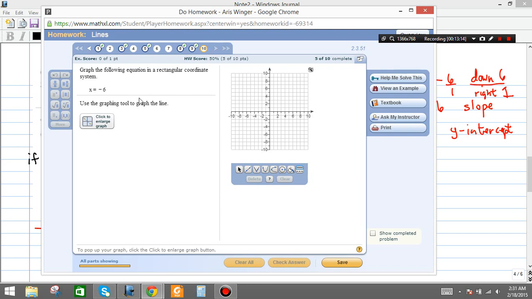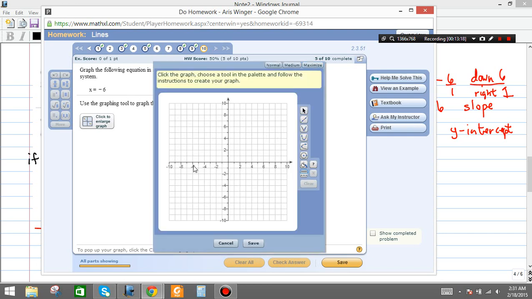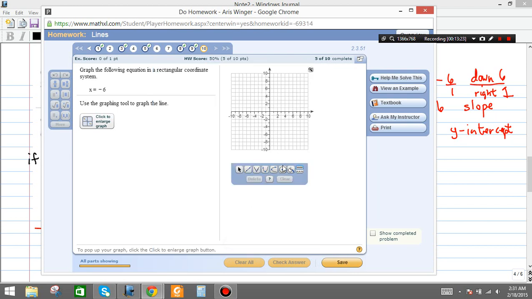And then finally, x equals -6 is a line where the x coordinate is always -6. And so I'm going to create a line. Here the x-coordinate is -6. Here the x-coordinate is -6. And that's the line. Hope it helps.